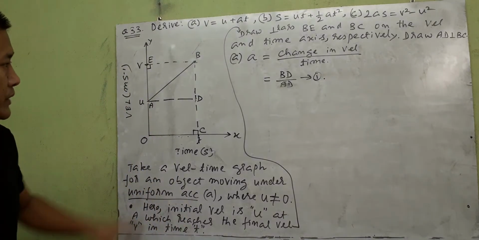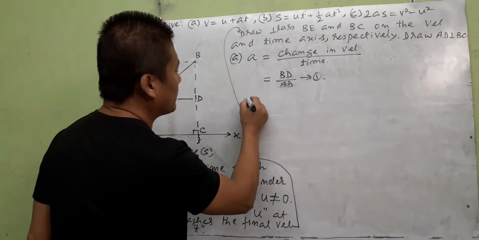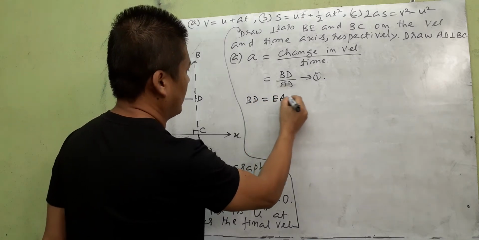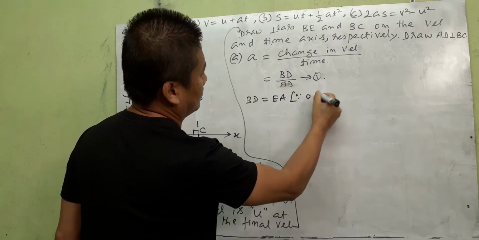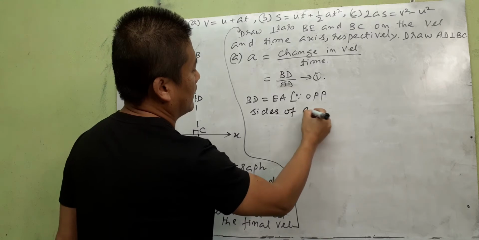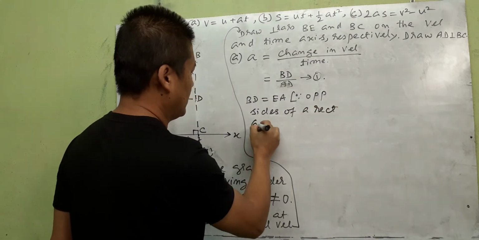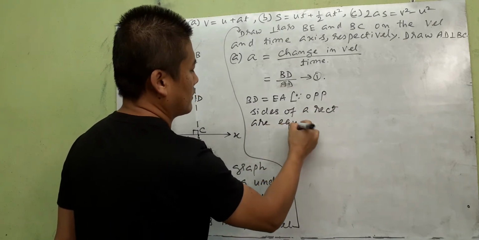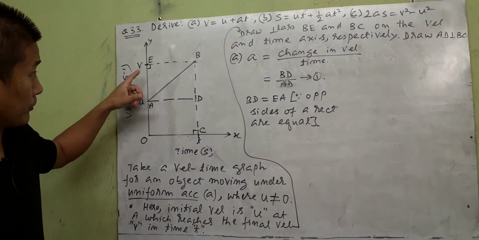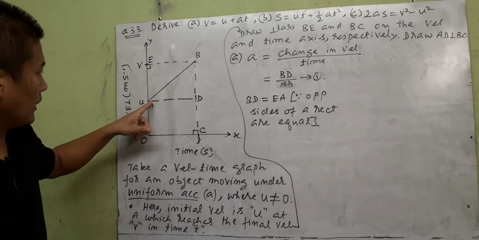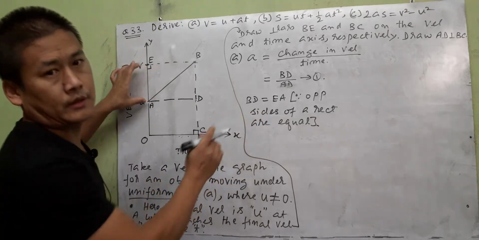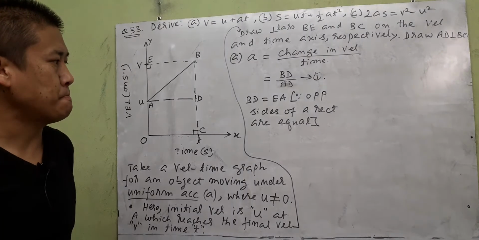Now let us see this one, BD first. We know that BD is clearly equal to EA because opposite sides of a rectangle are always equal to each other. You see here, BDAE is a rectangle, and BD and EA are opposite sides, and opposite sides of a rectangle are always equal.